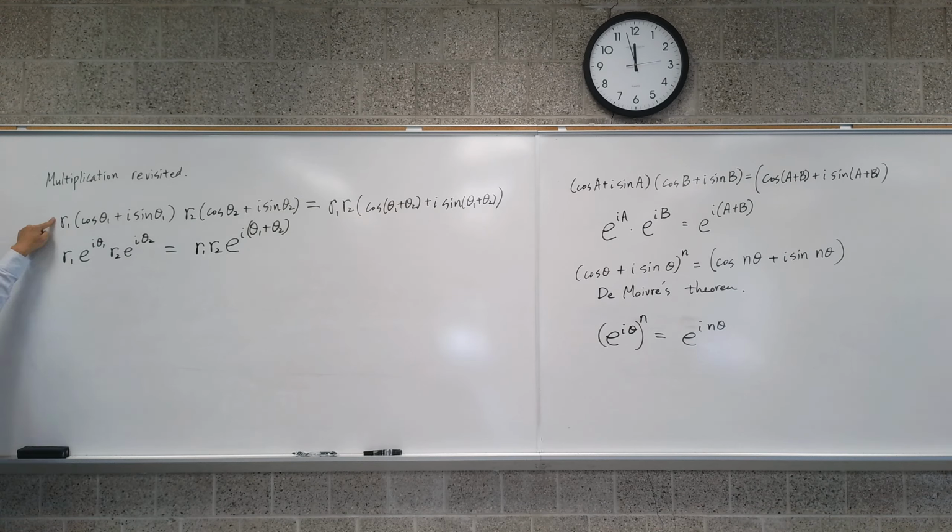This looks very fancy, but it's kind of natural. In Euler form, it's obvious because that's how you multiply exponents.